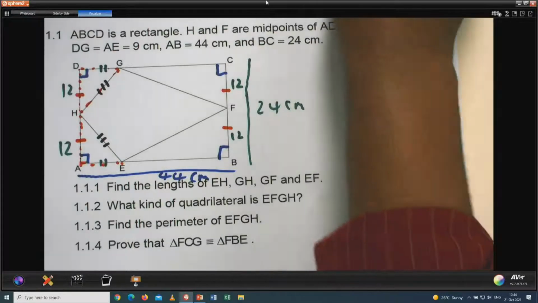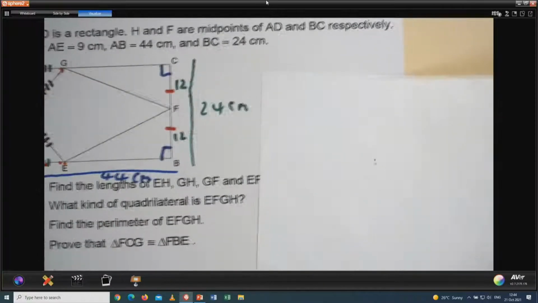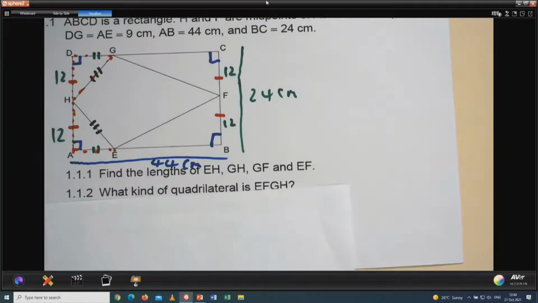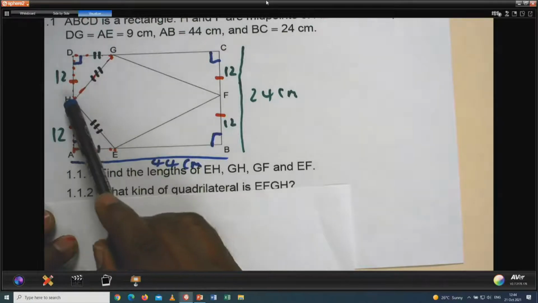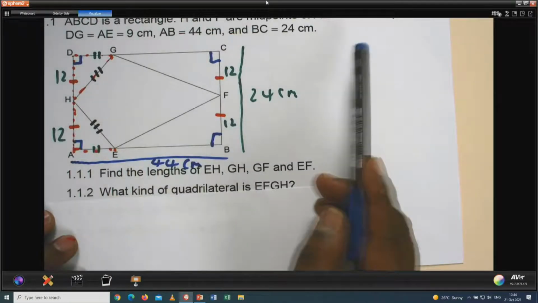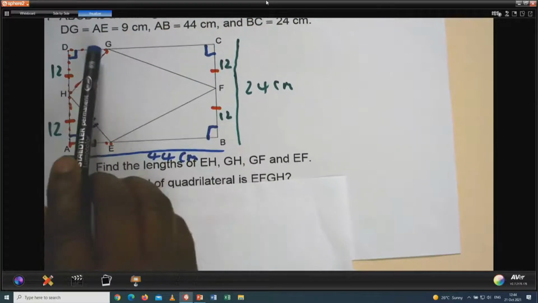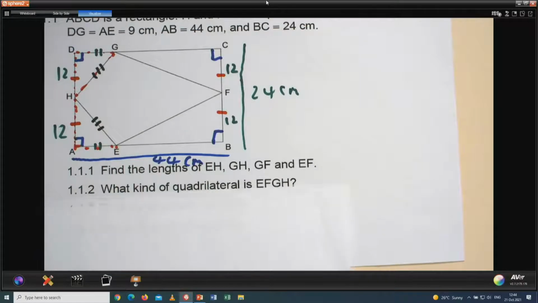Very interesting. That's mathematics. Mathematics helps you to solve problems. Now, what do you have? You have this one as 12. Let's see what else we have. Okay, you see now. That's always the problem.